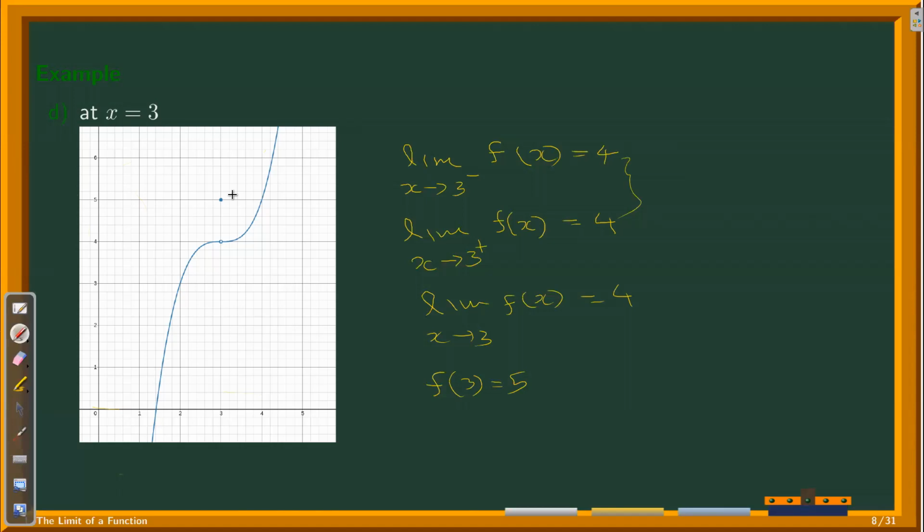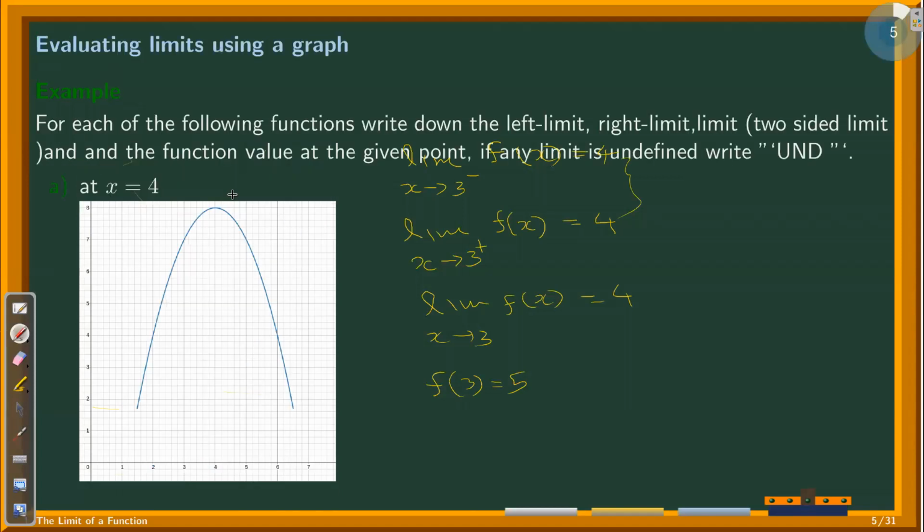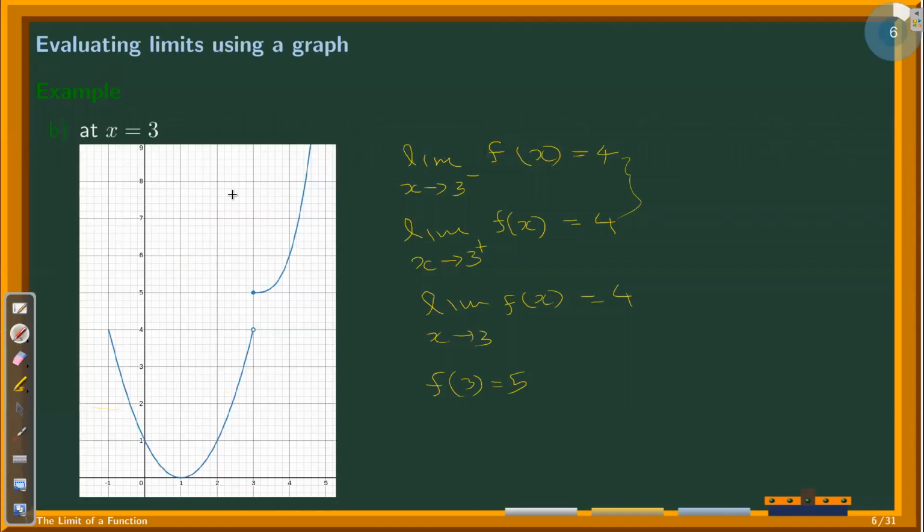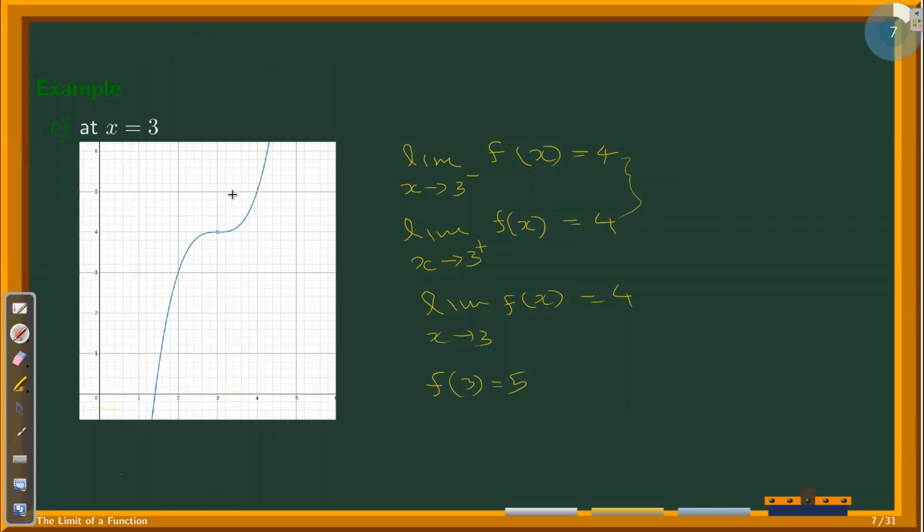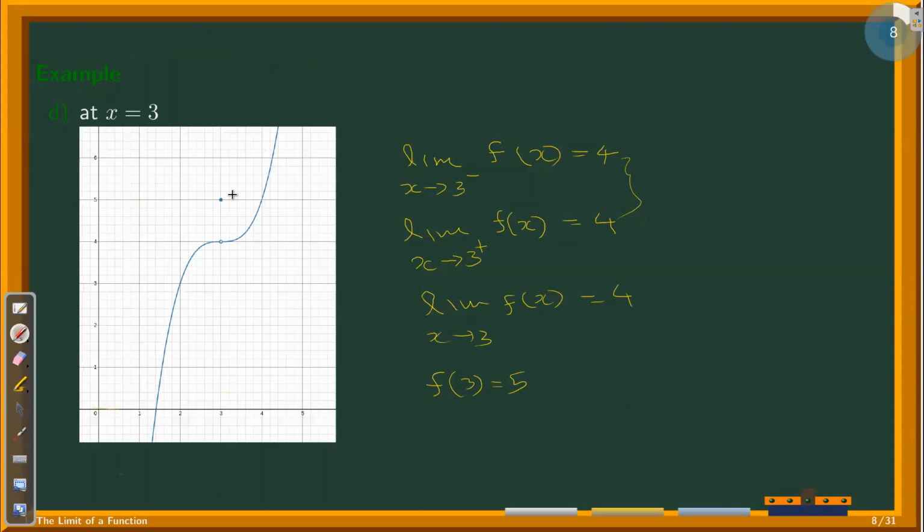If you see the first one, the limit and the function value are the same. In the second one, the limit is not defined, but the function value is defined. In the next one, the limit is defined but the function value is not defined. In the last one, both are defined but they are not the same.